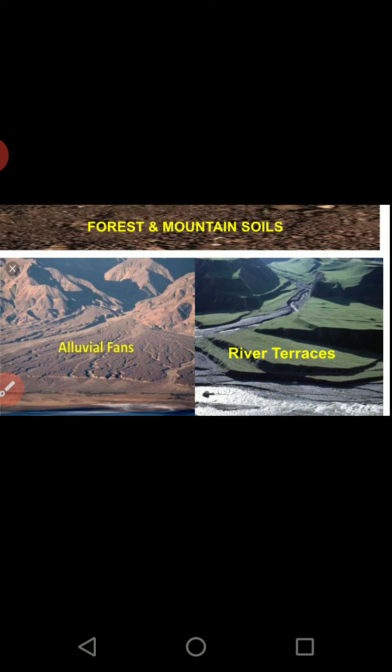If you remember, last year in the natural vegetation chapter, you studied high altitudinal forest, right? Montane forest. As in montane forest you did not study a single type of plant, similarly in forest and mountain soil, you do not get a single type of soil.